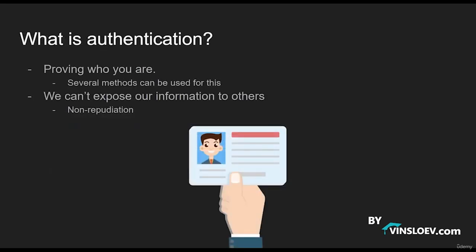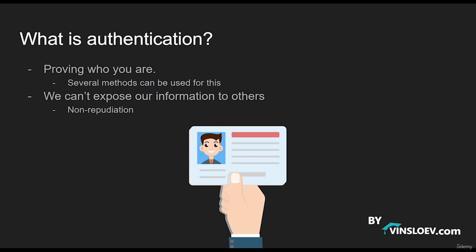Authentication, when it comes to networking, is a very important aspect, because when we are using authentication, we are actually proving who we are. So we are using authentication whenever we are logging into something, or whenever we are encrypting some data, because in the end we need to prove that we are who we say we are.